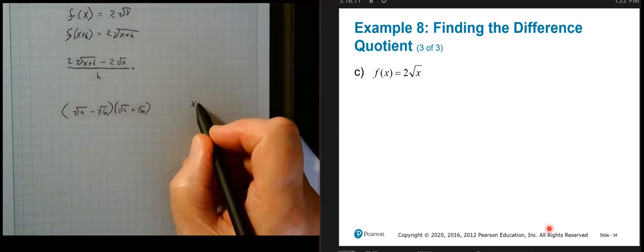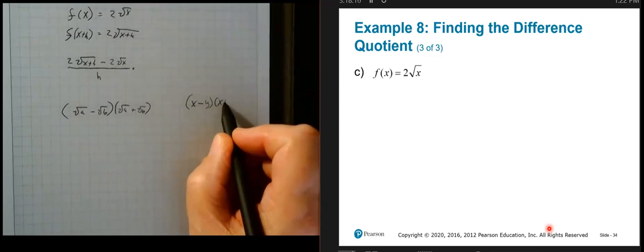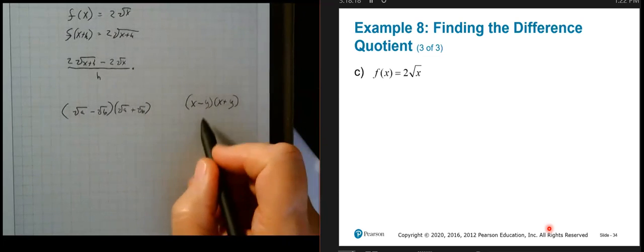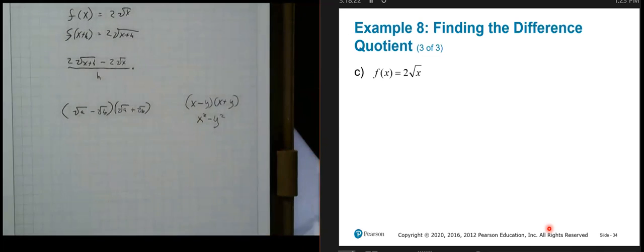If I have x minus y times x plus y, then this becomes x squared minus y squared. The product of the sum and difference of the same two terms results in the difference of two squares.